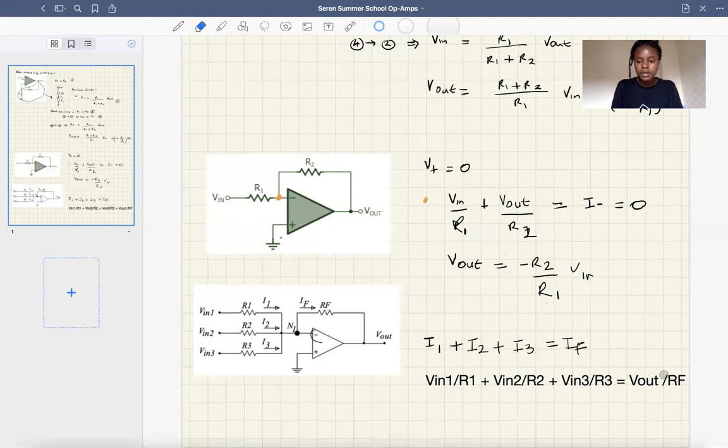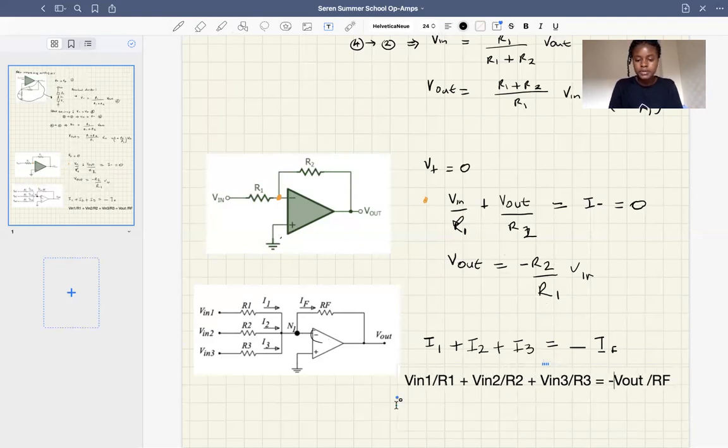So this should be minus IF. That's just by the direction of the current as drawn on the screen. So that'll be minus.